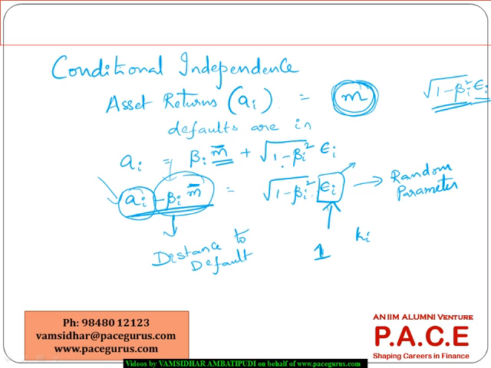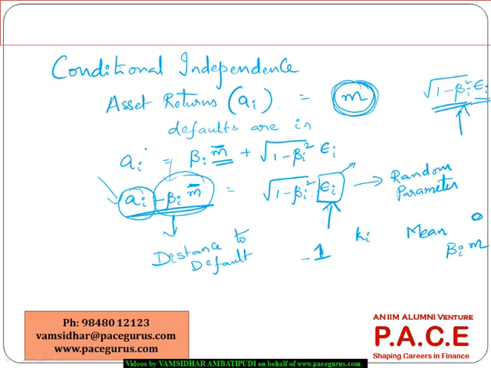So in the unconditional default distribution we had a standard deviation of 1, whereas in the conditional default distribution we have a standard deviation of square root of 1 minus beta I squared, and at the same time the mean also got shifted. In the unconditional case the mean was taken as 0, whereas for the conditional default distribution we are taking the mean as beta I times m.